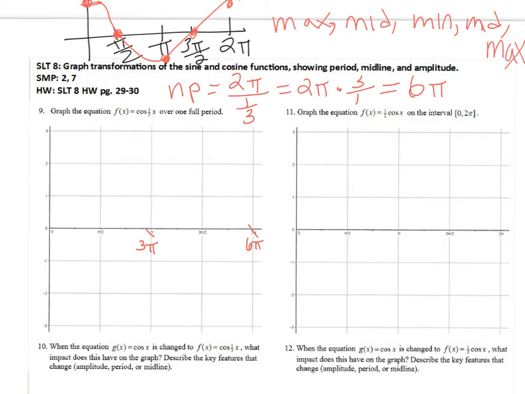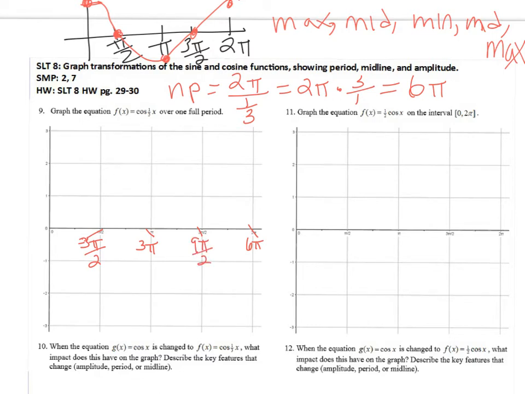If you want, you can say 0 plus 3 pi divided by 2. So that would give us 3 pi divided by 2, because halfway is the midpoint, so if you add them up and divide by 2. We can do the same thing with this last key point. What's halfway between 3 and 6? So 3 pi plus 6 pi is 9 pi, and then divided by 2.